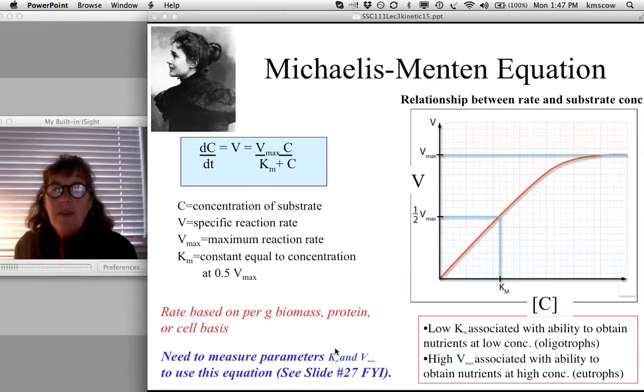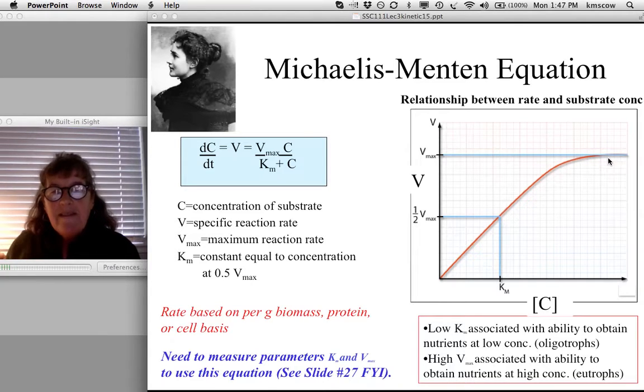All right, there's a couple of interesting things about these two parameters, Km and Vmax, that have ecological significance. Km is associated with the ability to obtain nutrients at very low concentrations. So oligotrophic organisms generally have low Km values, meaning that they can get to a pretty good rate with respect to that substrate at low concentrations.